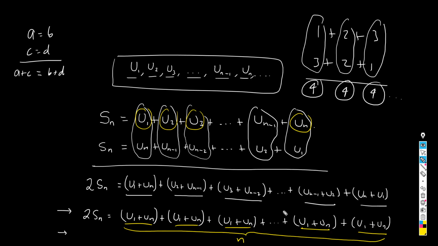Okay, and the last step, in order to finish this process, I hope it fits right here, is writing the following. We're gonna write 2Sn equals... what happens when you are adding n things, all of which are equal to, in this case, U1 plus UN?